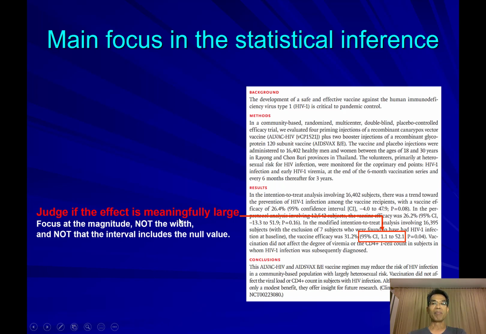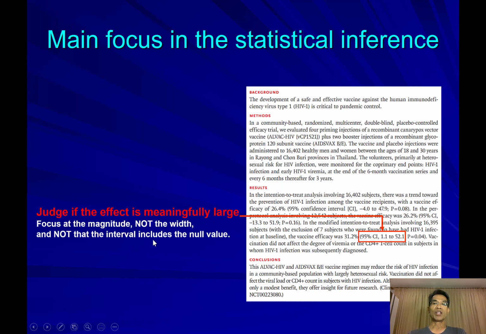The main focus in statistical inference is, first, you read the conclusion and see the magnitude of effect, whether this effect is meaningfully large or not, so that it is reasonable to conclude like this.